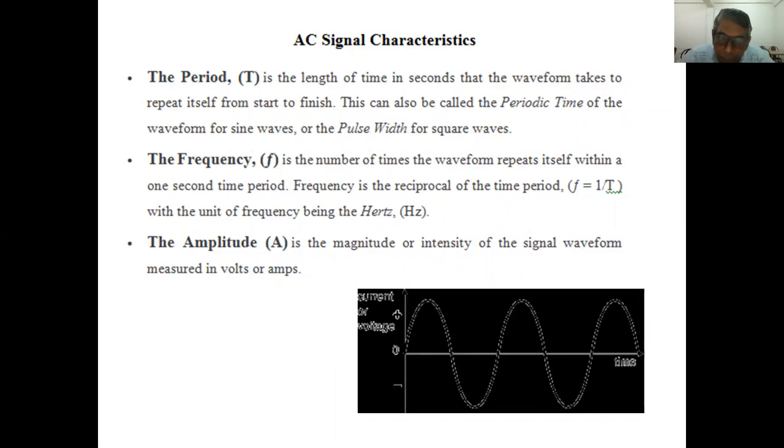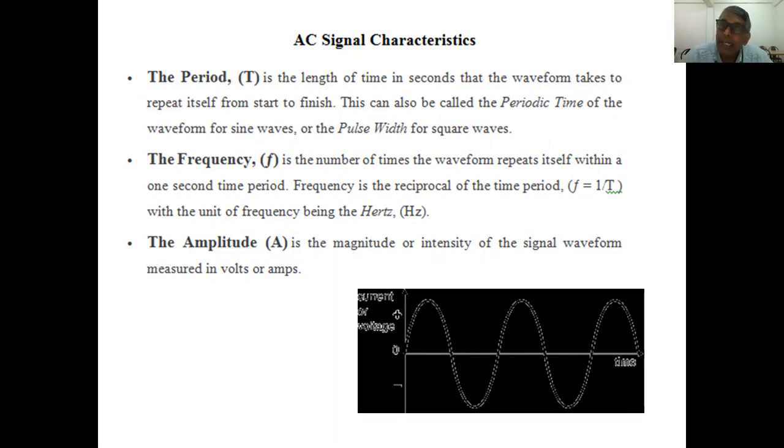The frequency is the number of times the waveform repeats itself within 1 second, that is, the number of times the positive and negative half cycle repeats in 1 second.